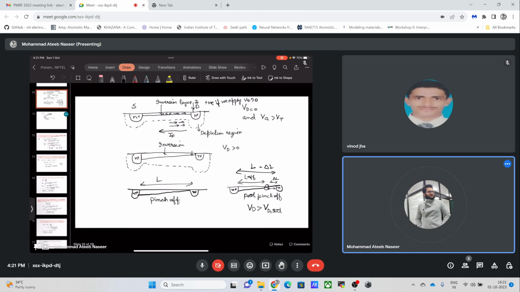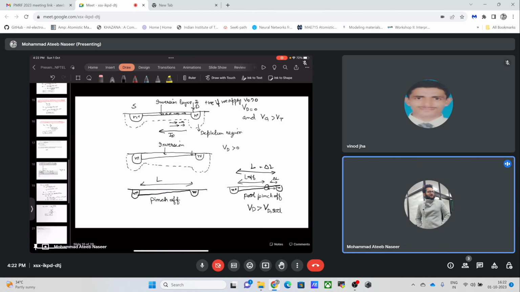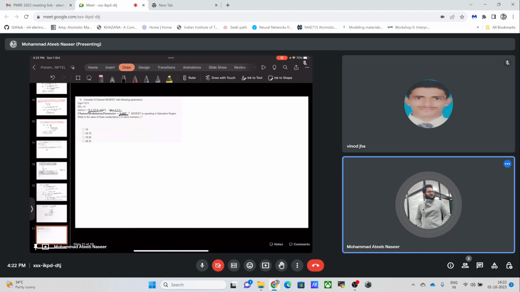We had said that this drain to source current is independent of the drain to source bias, but in reality it has some dependence on this VDS, which is related to this saturation current by this formula. Let's not go into its derivation. ID is simply equal to mu n C ox, you must have seen this equation till now, VGS minus VTH whole square.